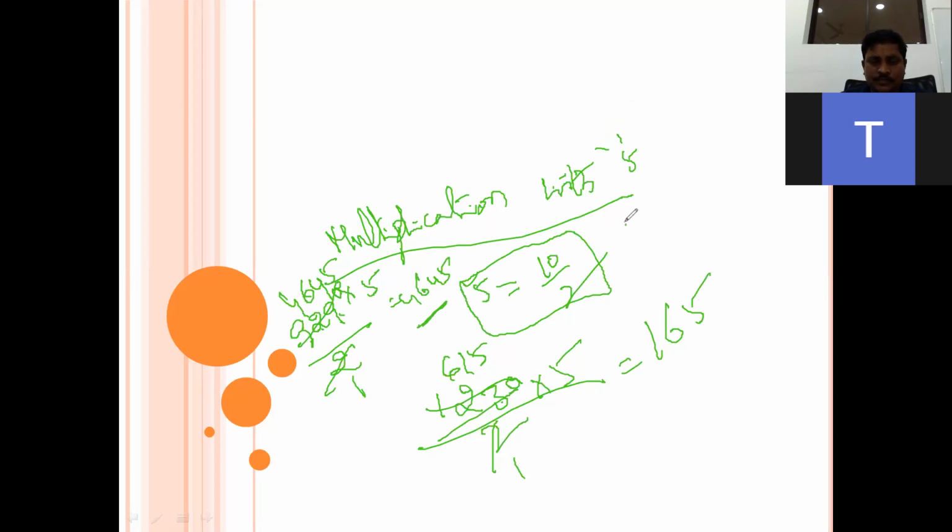Next, 1678 into 5. After this value write 0 and divide by 2. 2 into 8 is 16, 2 into 3 is 6 with carry 1, 18, 2 into 9 is 18. So 8390 by 2 gives 839 and so on.